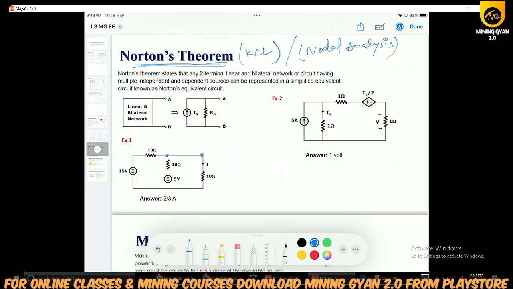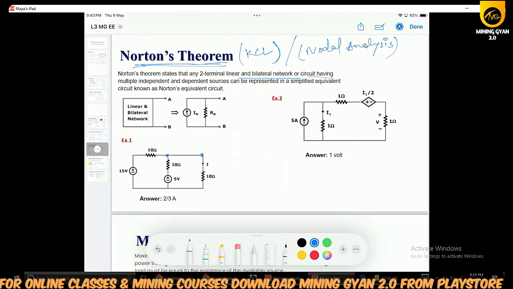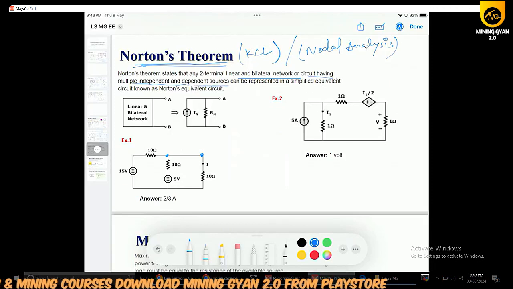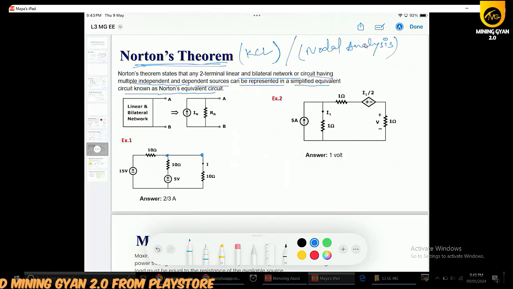Norton's theorem states that any two terminal linear and bilateral network or circuit having multiple independent and dependent sources can be represented in a simplified equivalent circuit, and that is known as Norton's equivalent circuit.